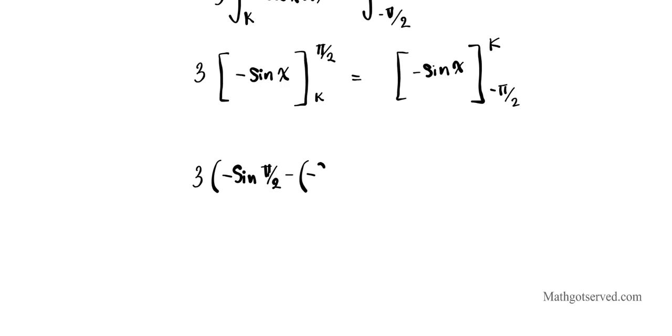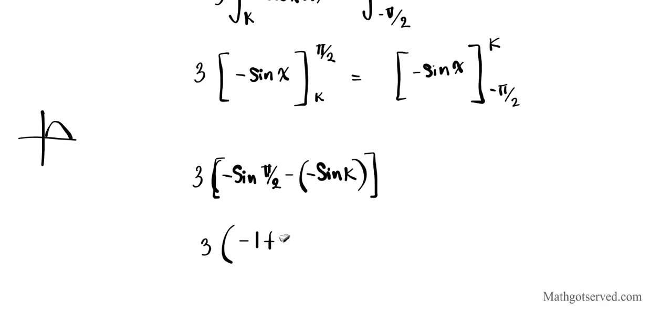Simplify further. If you remember your sine function, sine of pi over 2 is 1, so the left side is 3 times (1 minus sine k).